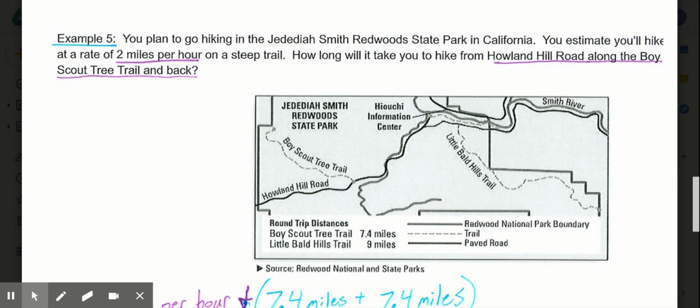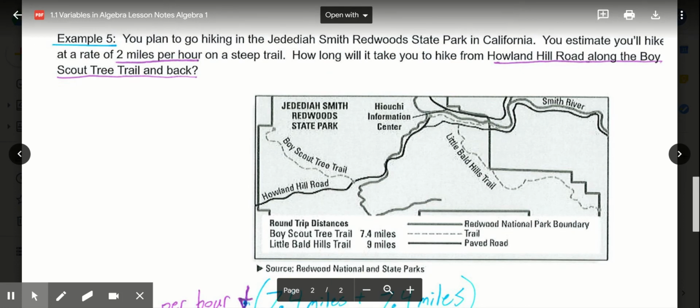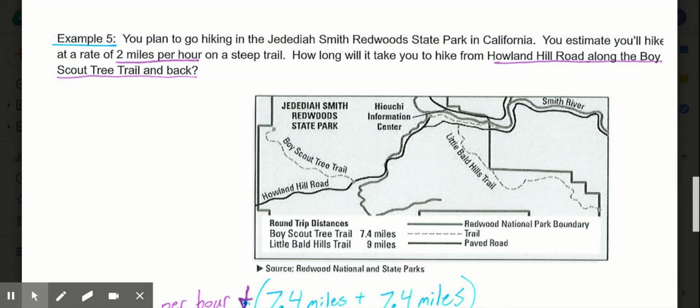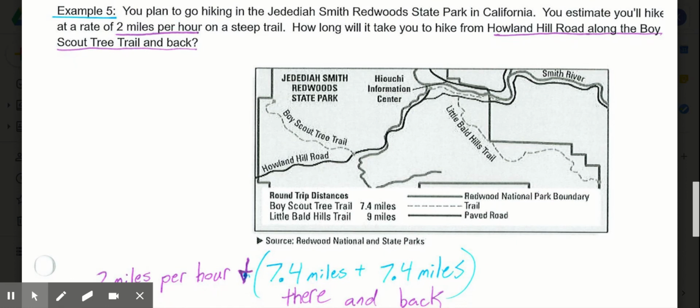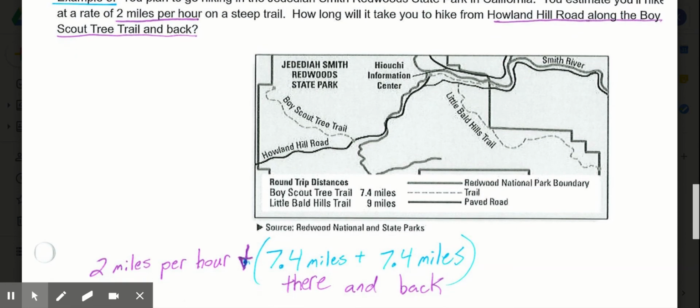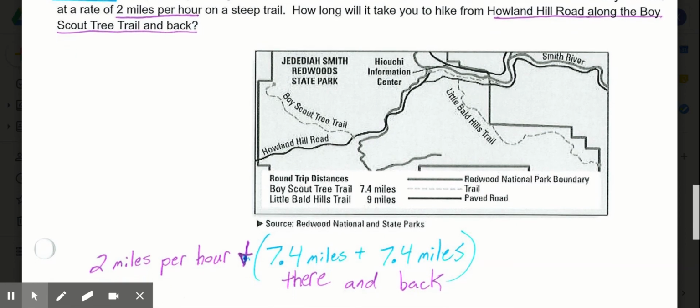So they gave us a map here. I'm going 2 miles per hour, and my route is the Howland Hill Road along the Boy Scout Tree Trail and back. So what I need to do is find our piece right here, our Boy Scout Tree Trail.